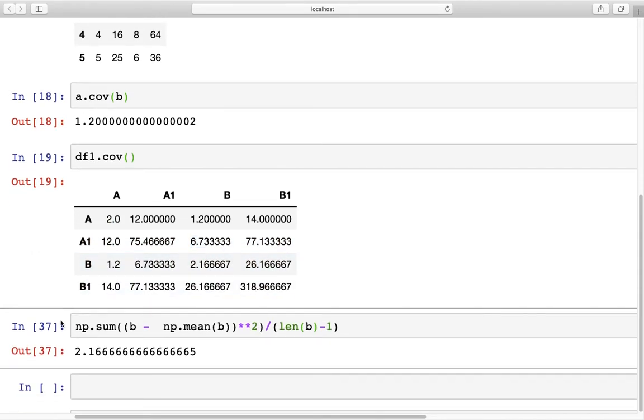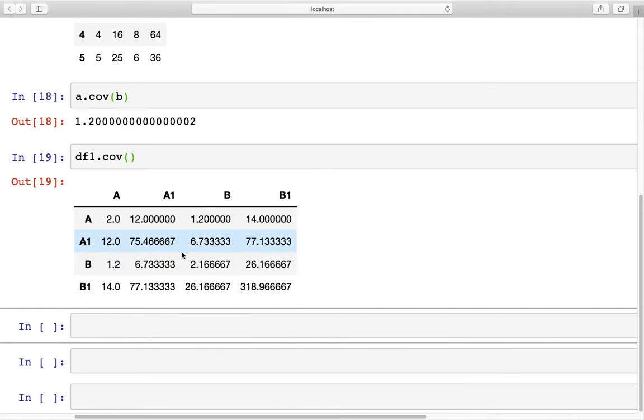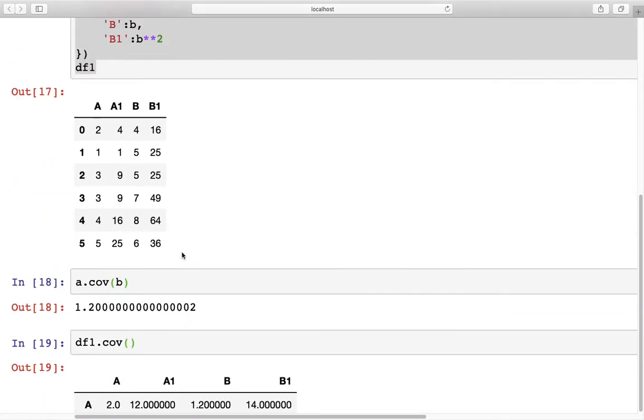Here if you see, all the signs are positive. It means the direction of the relationship is in the positive direction. So if one is increasing, the other one is also increasing. So for example, between A and A1, we can see that overall, as A is increasing, A1 is also increasing.